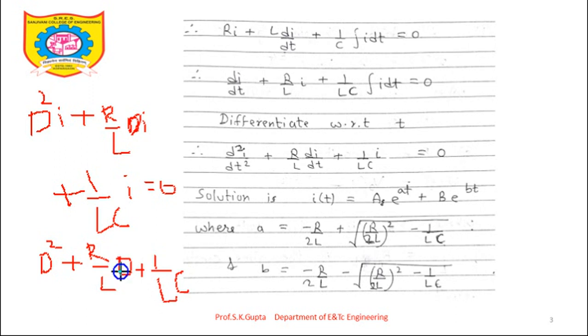So the factors are a equal to minus R by 2L plus under root R by 2L whole square minus 1 by LC, and b is also the same, but here instead of plus sign we have minus sign. So this is the solution of this second order differential equation for series RLC circuit.